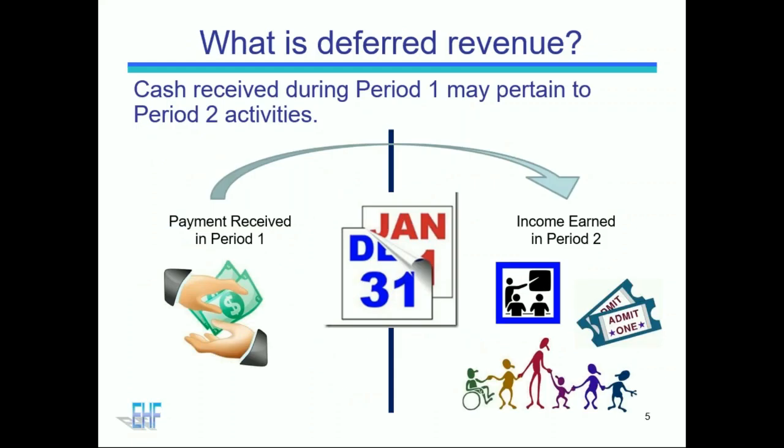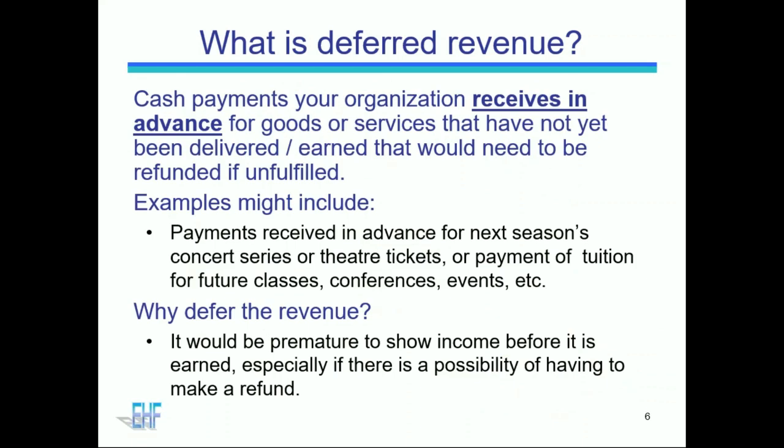Simply put, when cash is received during one fiscal period, it may pertain to another subsequent fiscal period. In that case, we are deferring the revenue to the subsequent period. Deferred revenue is sometimes called unearned revenue.